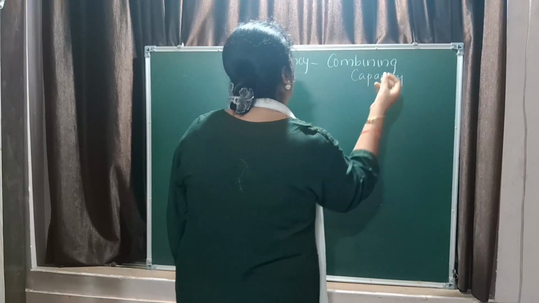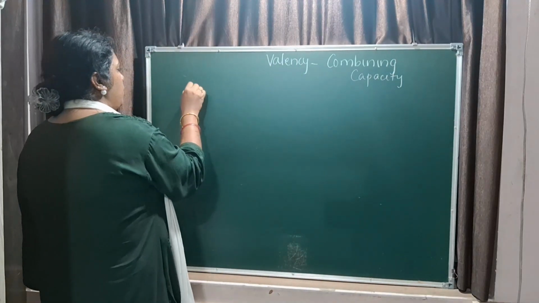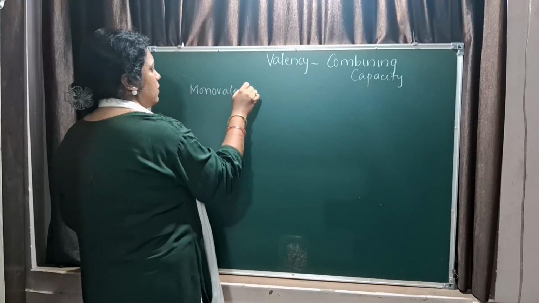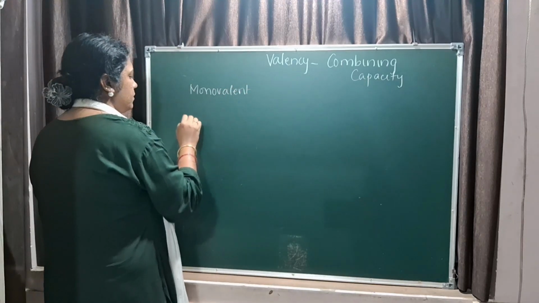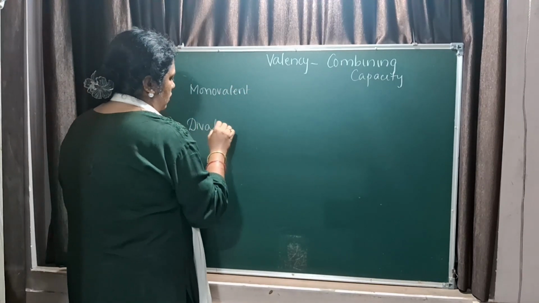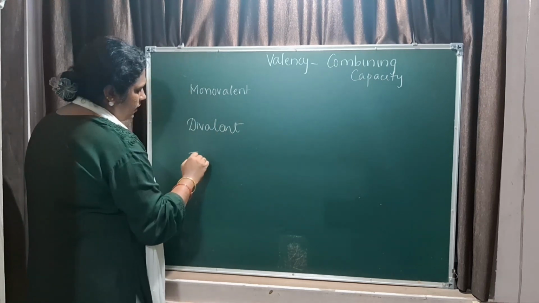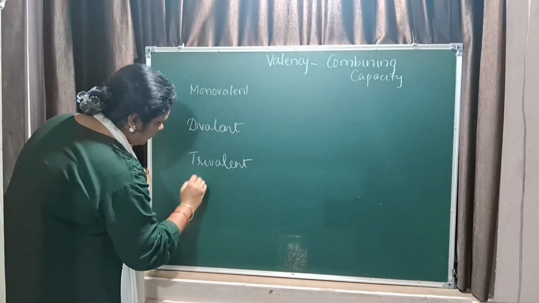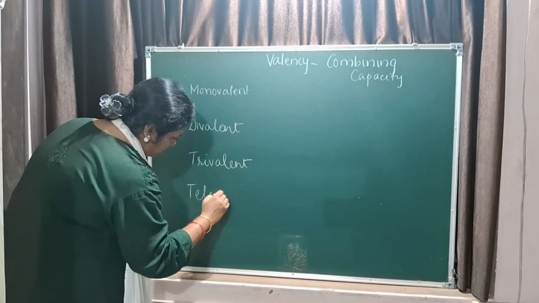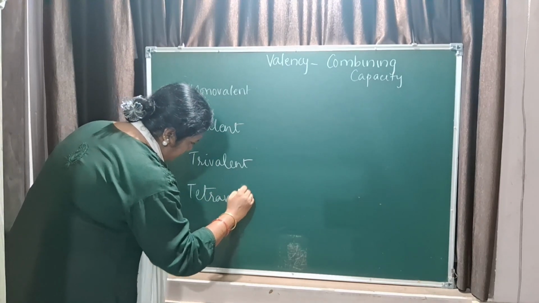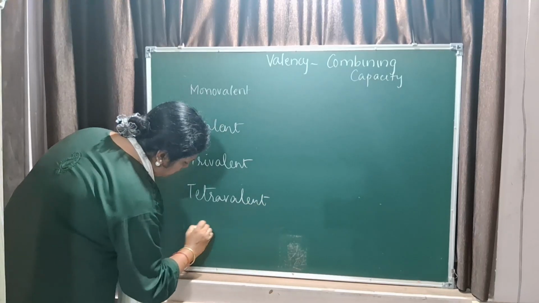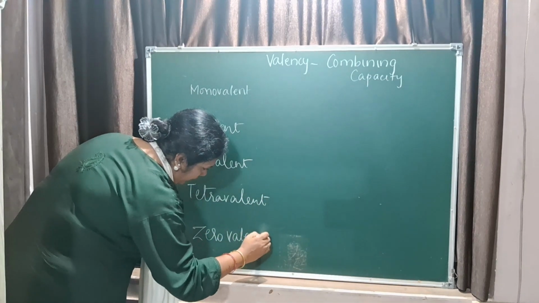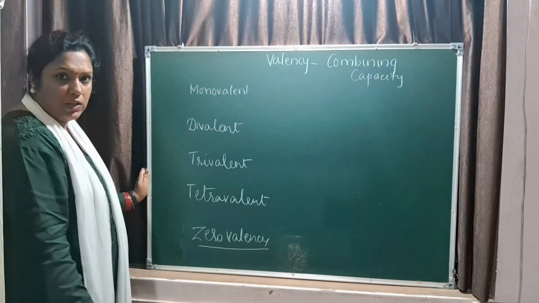Okay, based on the number of valencies, you have monovalent, you have divalent, you have trivalent, tetravalent, and zero valent, that is zero valency. They do not like to combine, so they have the valency 0.